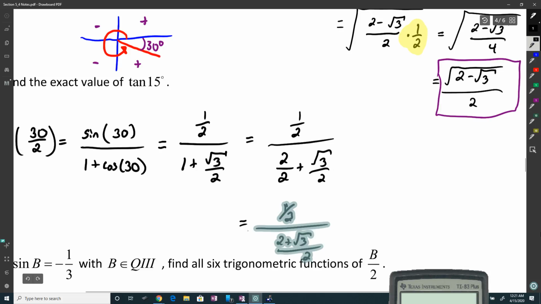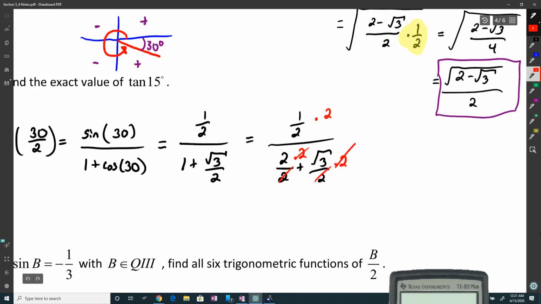We can instead think of it as just multiplying everything by 2. Notice the 2's cancel, and you're left with 1 over 2 plus square root of 3.